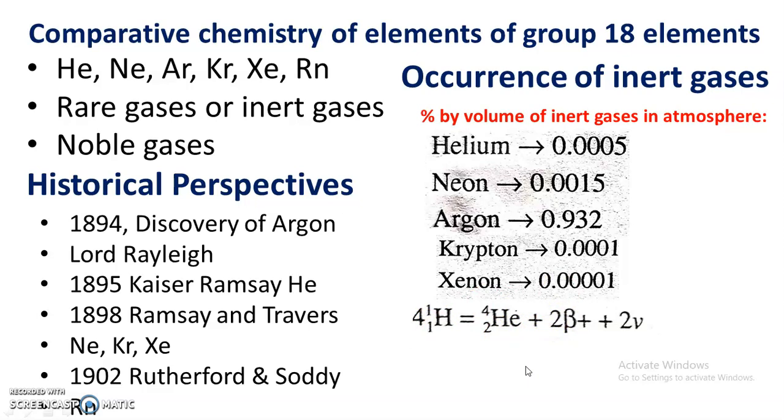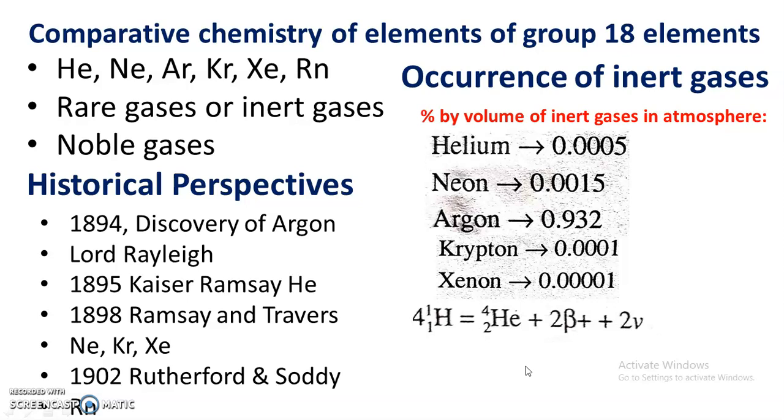Helium exists in two important isotopic forms, helium-4 and helium-3. Helium-4 is formed by alpha decay of radioactive elements, and helium-3 is formed by nuclear reactions induced by cosmic radiations.